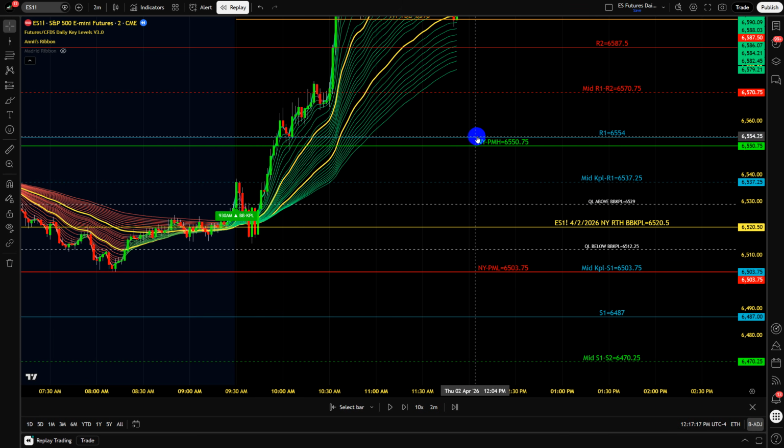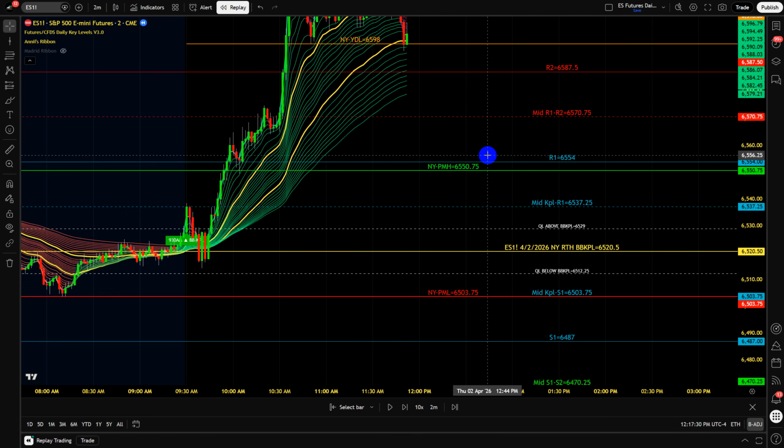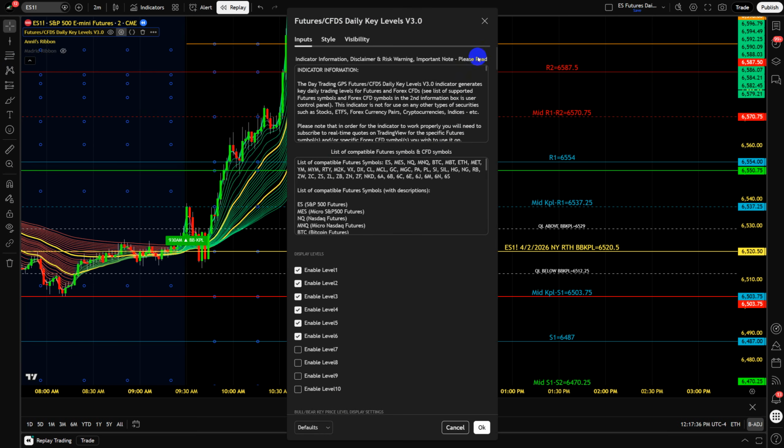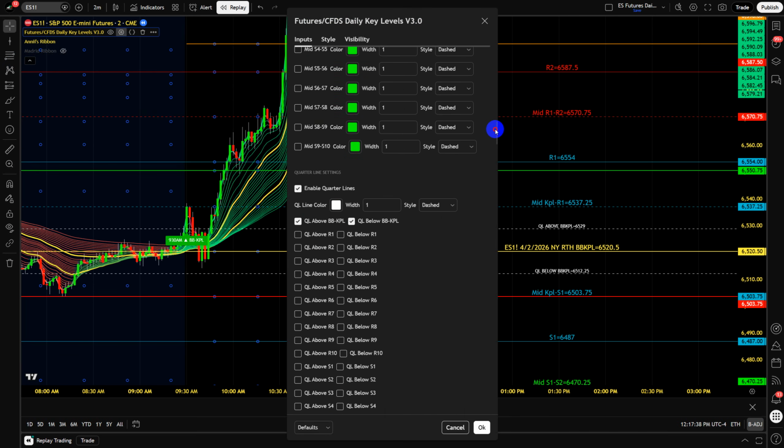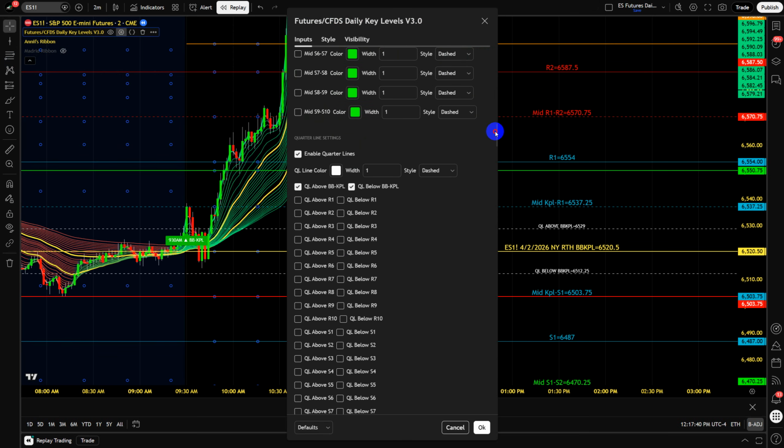So for example, if you were taking a bullish trade, let's say you kind of passed on this trade here, and instead you were looking to take a bullish trade off of the R1 level. Well, if you wanted to use a tight stop loss, you would go into the user control panel and you do QL below R1.